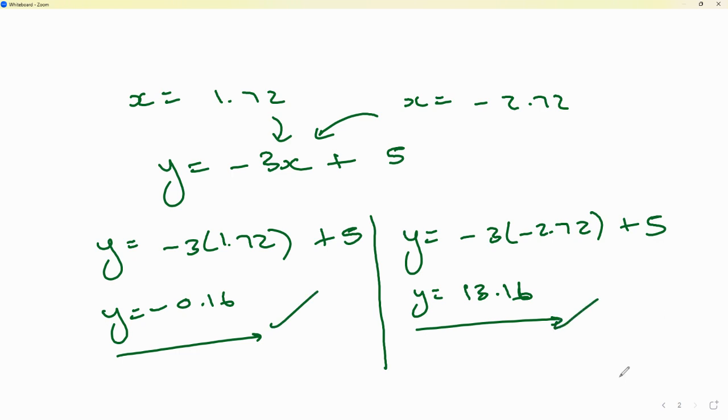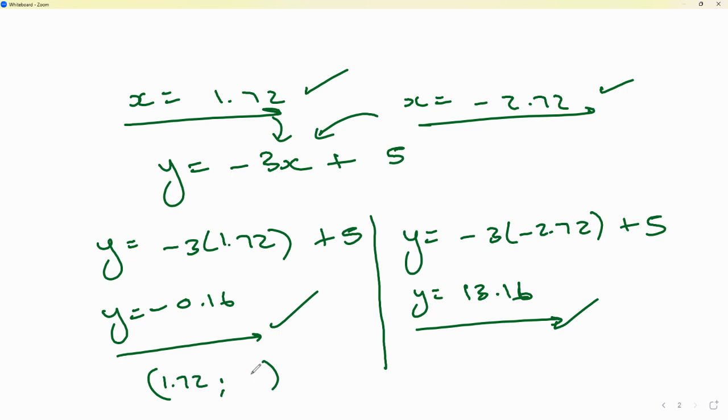And so 13.16, and that would be my y values, and these are my corresponding x values. We can write these as coordinates, 1.72 and negative 0.16, and negative 2.72.